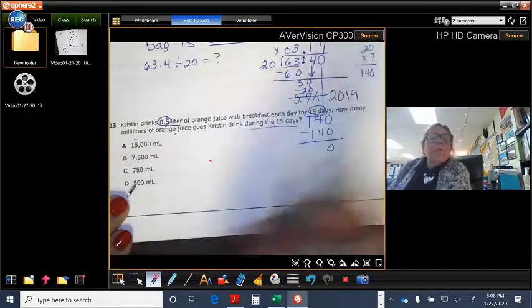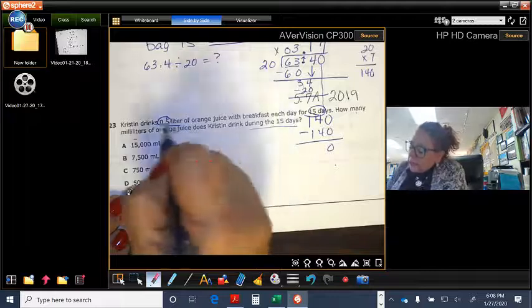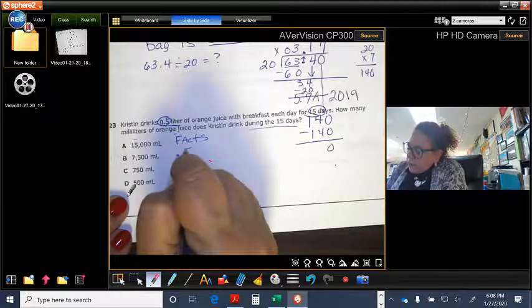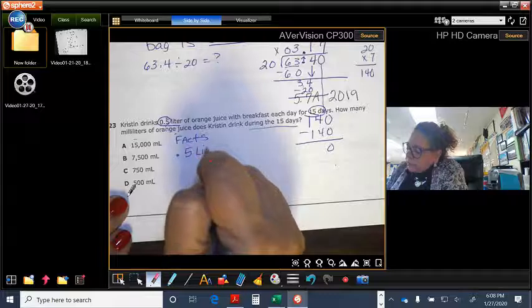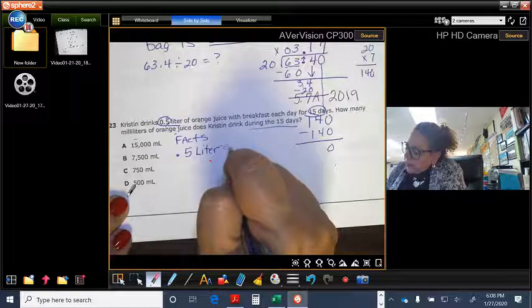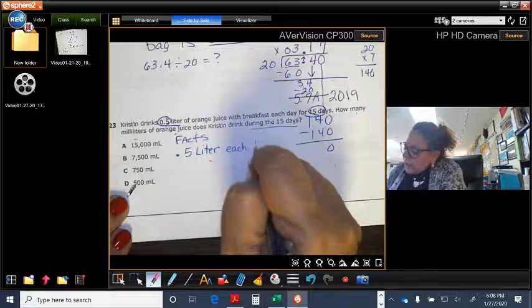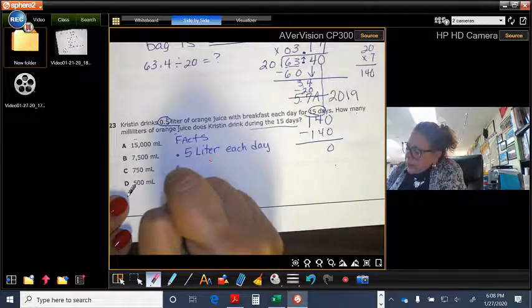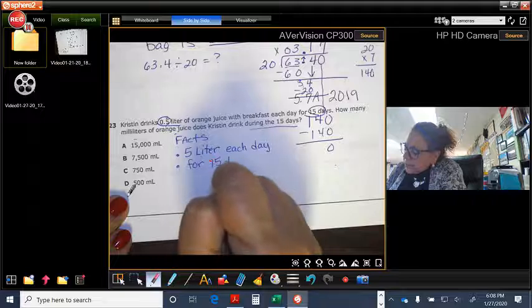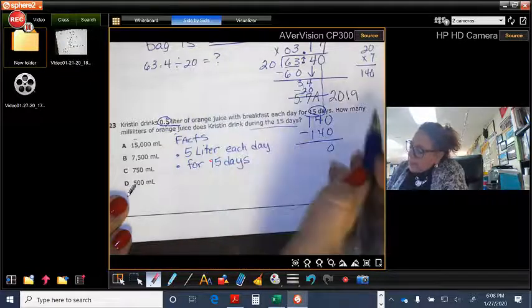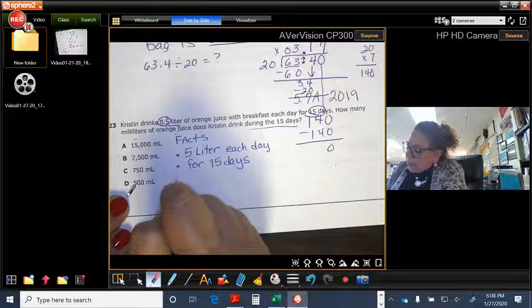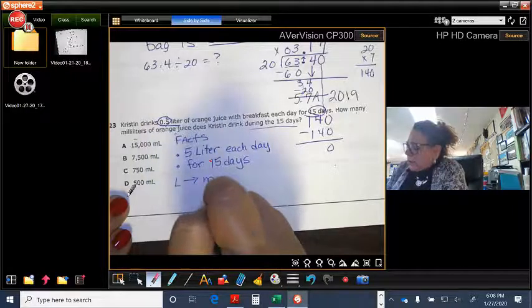Okay, so she drinks, my facts, 5/10 liters each day. Okay, and this is for 15 days. How many milliliters do we need to do? So it's going to be liters to milliliters.